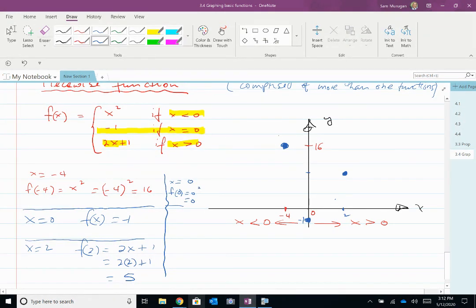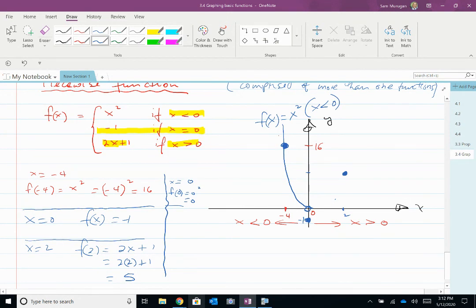So that parabola ends right here. And there's half of that parabola that I'm going to sketch in, ends here. Okay, and that's my graph of f of x equal to x squared for x less than 0.